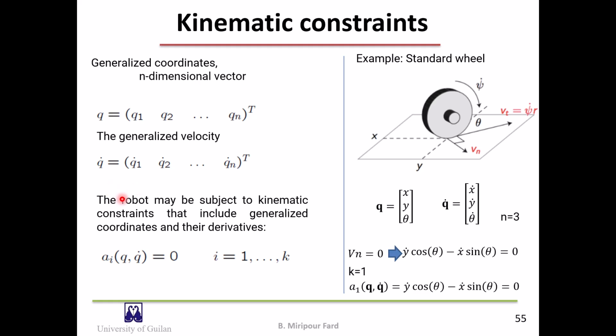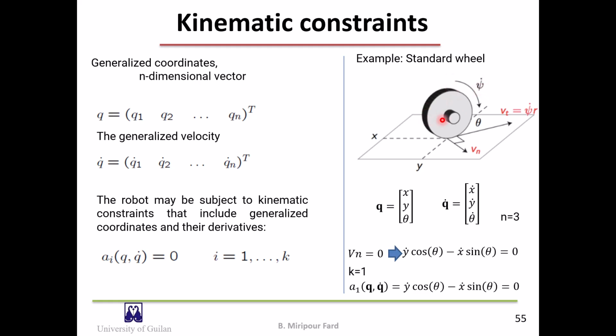The robot may be subject to kinematic constraints that include generalized coordinates and their velocities, their derivatives. Constraints are represented by a_i of q and q dot equals 0, in which i varies from 1 to k. You can see an example on the right side of the slide.